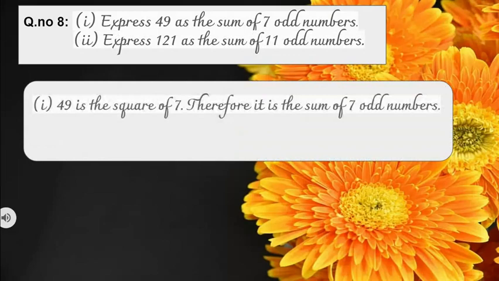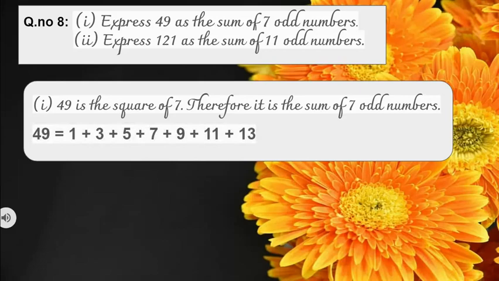So how many odd numbers will be there? n square means n number of odd numbers are there, isn't it? So here 7 odd numbers are there. So 49 is the square of 7. Therefore, it is the sum of 7 odd numbers. So what is the answer? 49 is equal to 1 plus 3 plus 5 plus 7 plus 9 plus 11 plus 13.